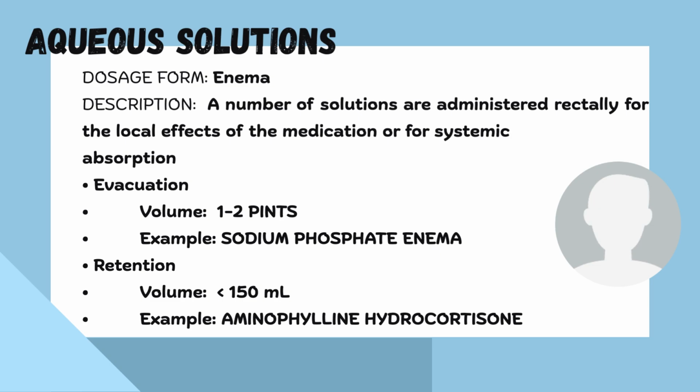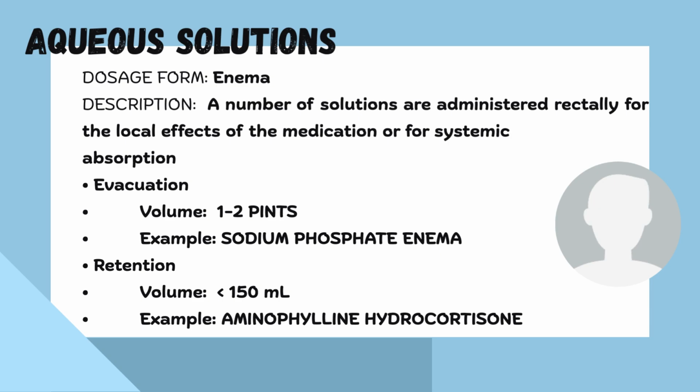Systemic enema for bronchial asthma. And then hydrocortisone enema for inflammatory bowel disease. That is an example of a local enema. Okay, again, retention means it is not immediately expelled. So the solution is retained in the rectum so the medicine can be absorbed.